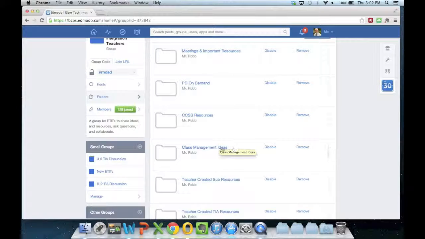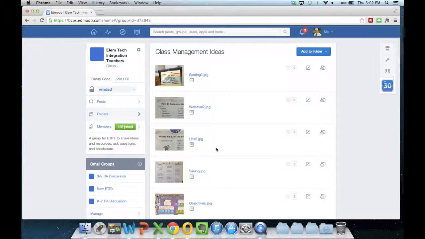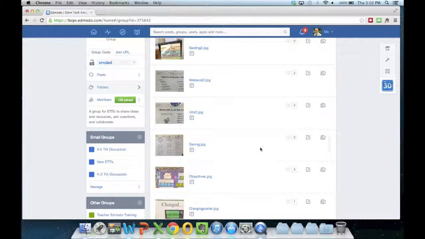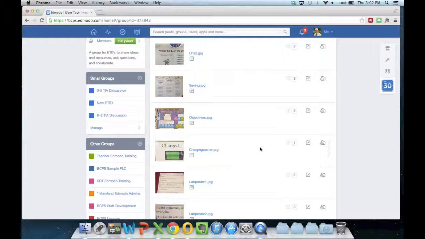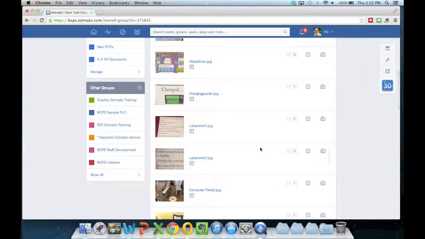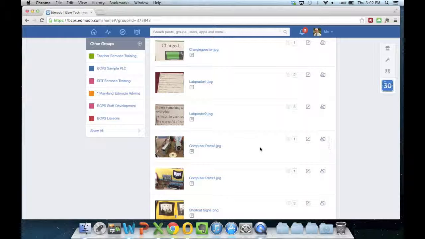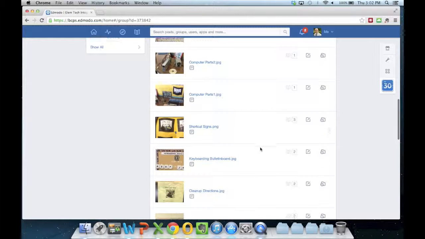For instance, the classroom management ideas: as I was traveling around last year and visiting you guys, I took pictures of a lot of the things I saw on the wall or items you had next to your computers that I thought would be valuable. So definitely check this out if you want to see some of the ideas or what's in other people's computer labs.